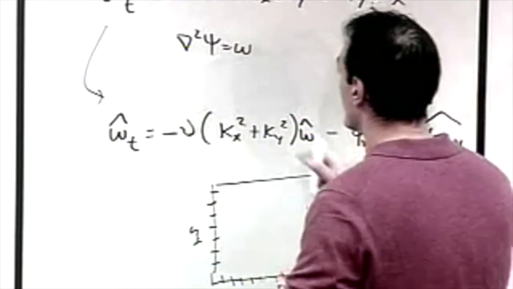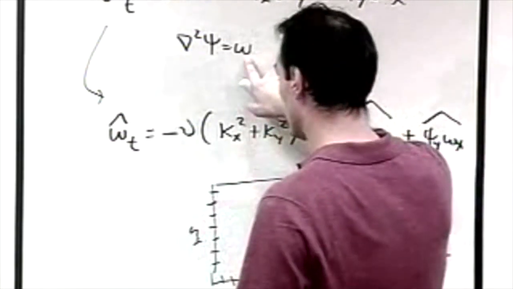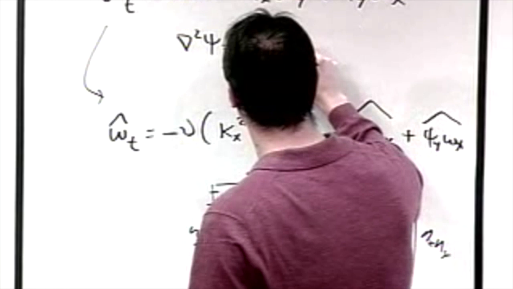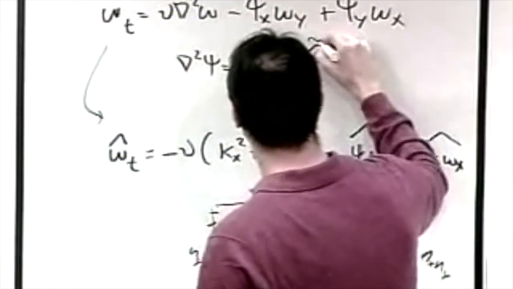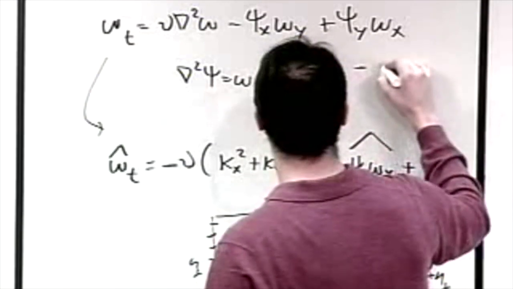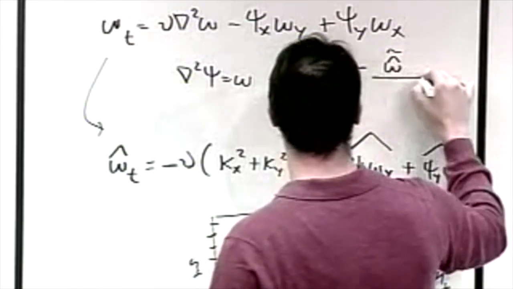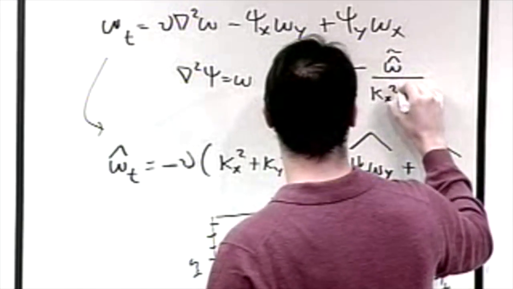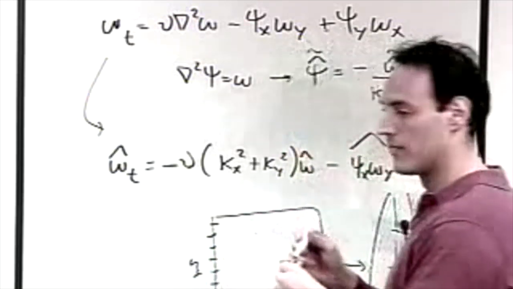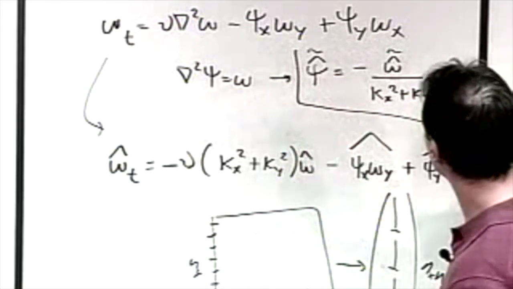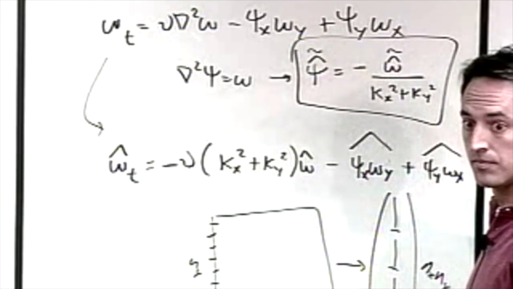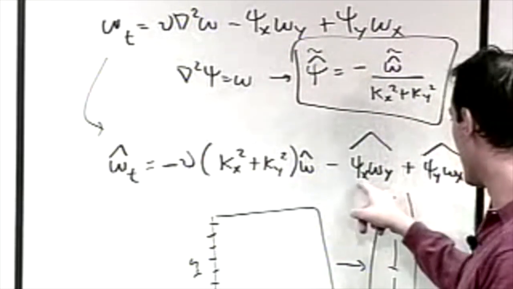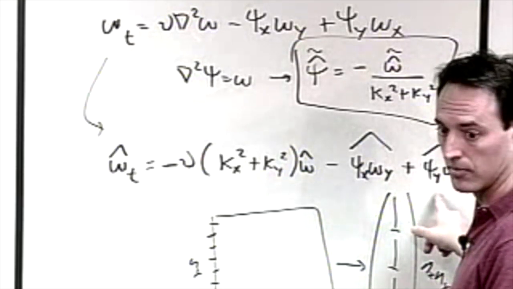We actually solved for this. We're given the vorticity, right? And we found that this thing basically resulted in the Fourier transform in x and y being equal to minus the Fourier transform in x and y of the vorticity divided by, right? That's what we found. That's what we actually did in class earlier, and you're actually doing it in your homework too. So we need to do that, and then we could start thinking about calculating these pieces.